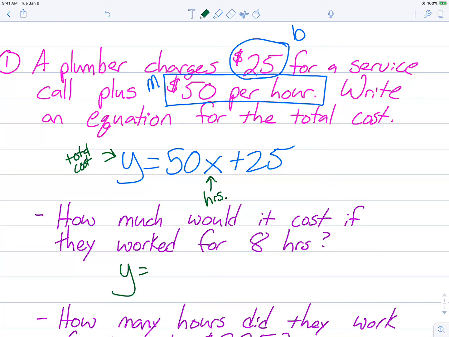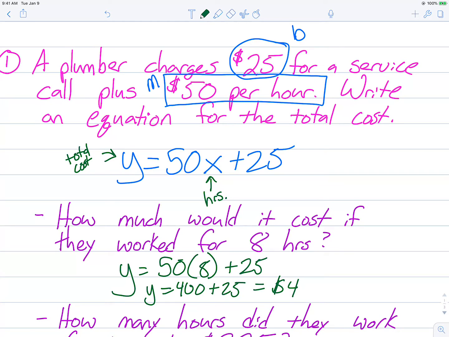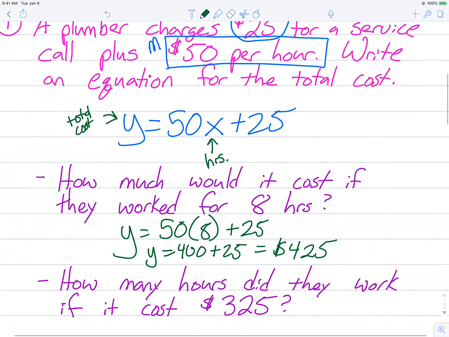Our total cost is going to be $50 for all 8 hours plus $25. So then all you got to do is multiply, and 50 times 8 is 400 plus the $25 makes it a total cost of $425 if they work for 8 hours at your house or wherever.